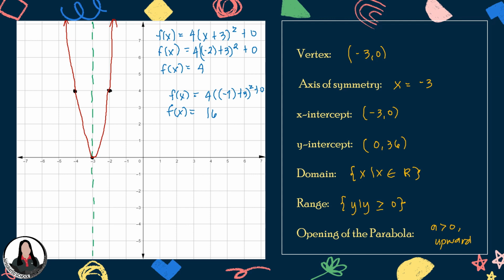Iwasan na sobrang V. Okay? Let's try to modify para hindi masyadong V. Okay? So, the parabola is somehow narrow or narrower than the previous parabolas that we are making. Okay? So, your parabola should look like this.